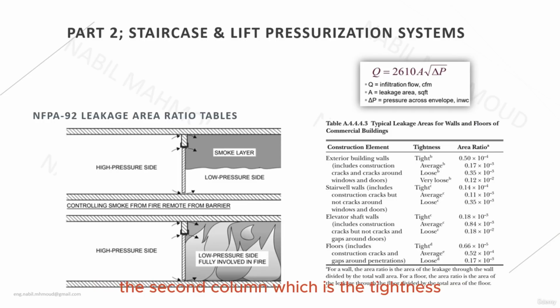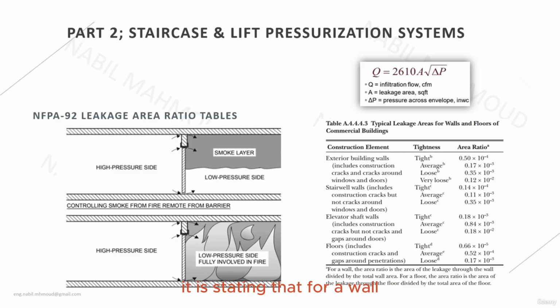The second column is the tightness: is it tight, is it average, or is it loose? And the third column is the area ratio. The area ratio is the area of the gaps divided by the area of the wall, or the area of the gaps divided by the area of the door.